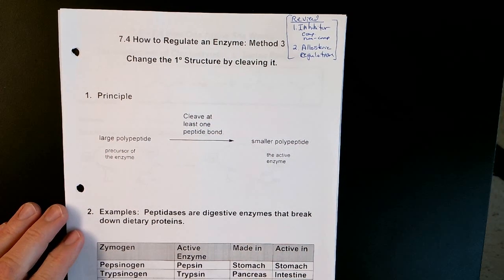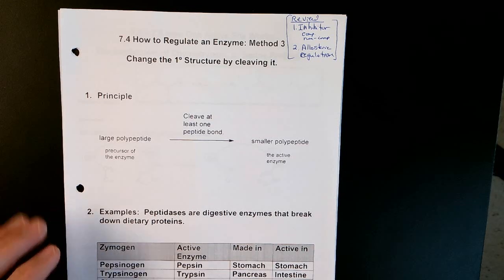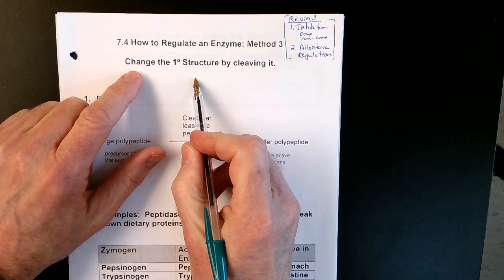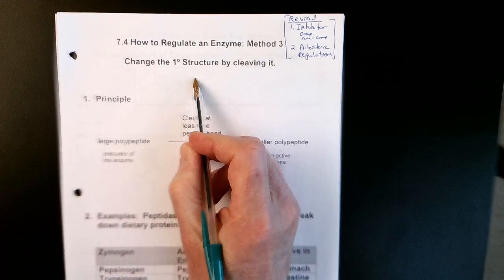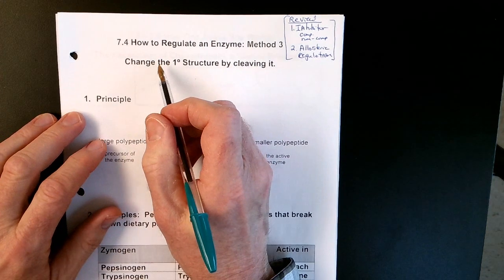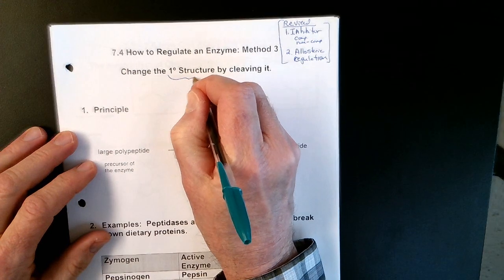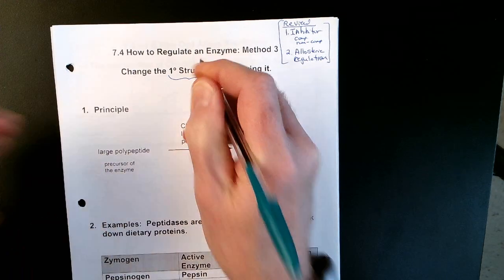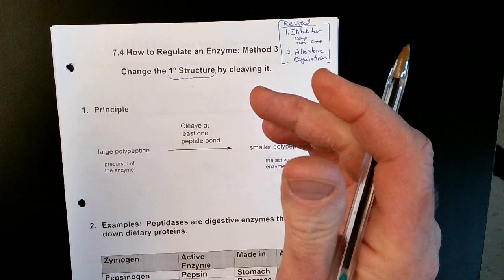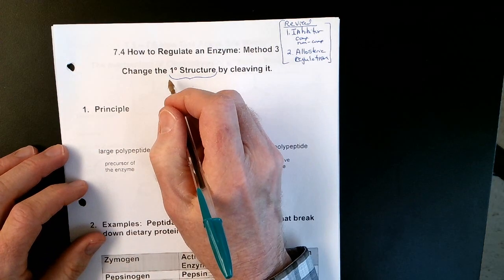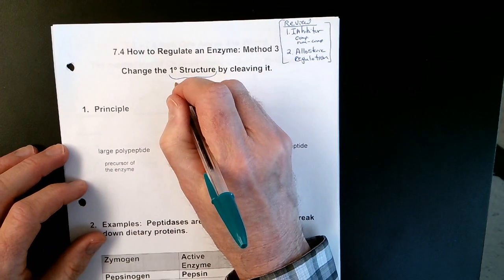So like it says here, here's number 3, and the tone it sets should make everybody sit up and go, oh really? Because if you're talking about changing the primary structure of an enzyme, this is drastic. This is the most brutal way there is of regulating an enzyme. Now remember what a primary structure is.